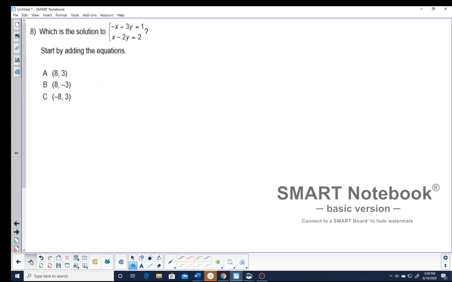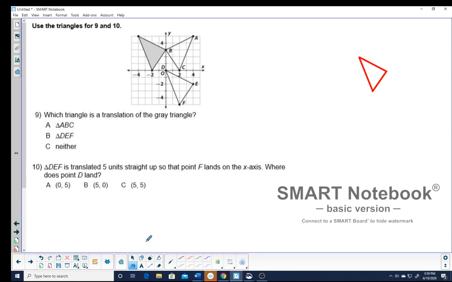We just did that. And then on 9, it says, which triangle is a translation of the gray triangle? Remember, translation means just moving up and down, or moving left or right. Okay?